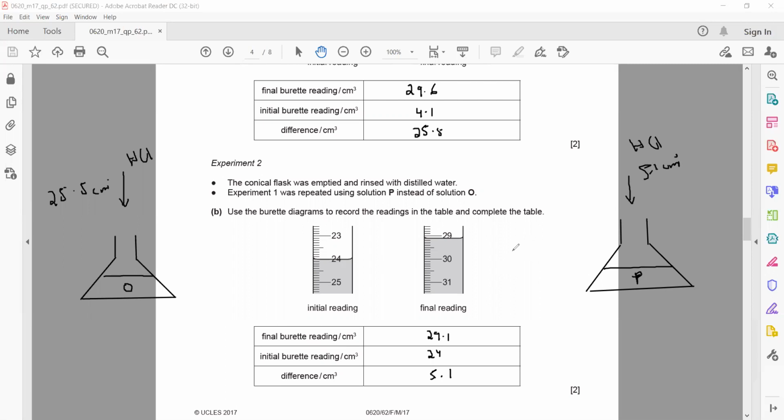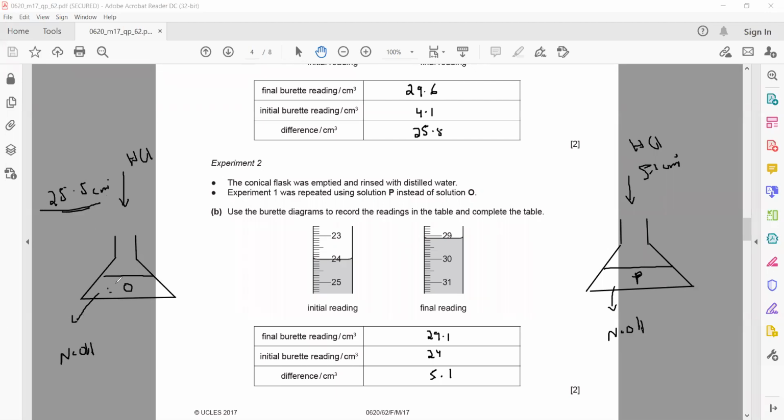Why? Because you need a greater amount of HCl for a complete reaction, so it means this has more particles. P has a smaller number of particles, that's why a smaller amount of HCl is needed for a complete reaction. When I add 5.1 cm cube of HCl, it shows a color change and it neutralizes by only 5.1.